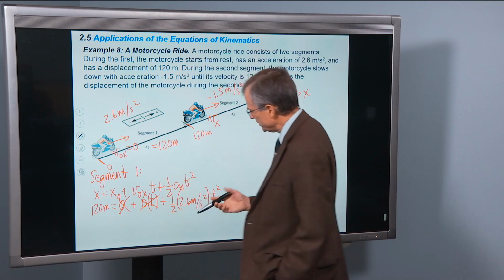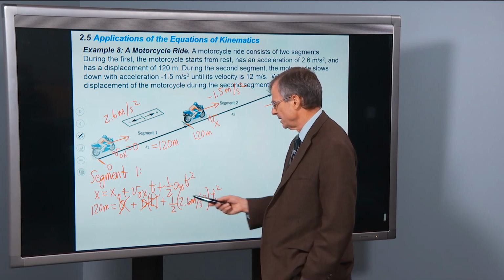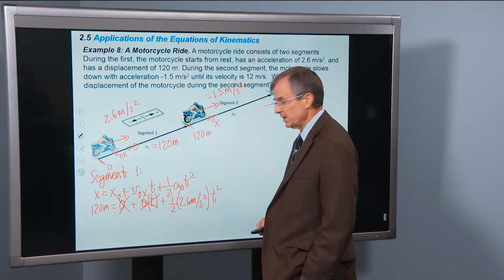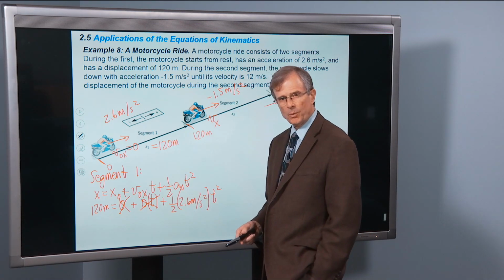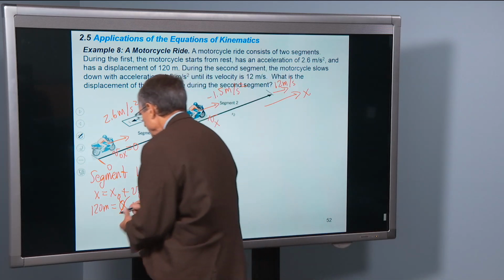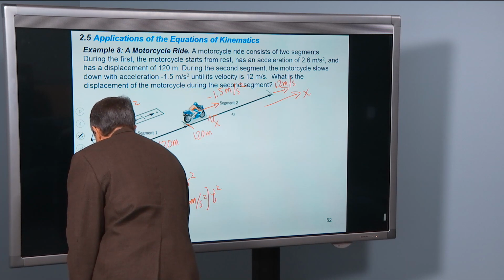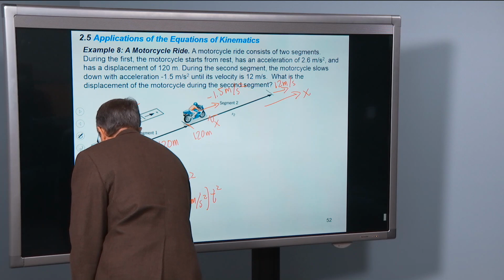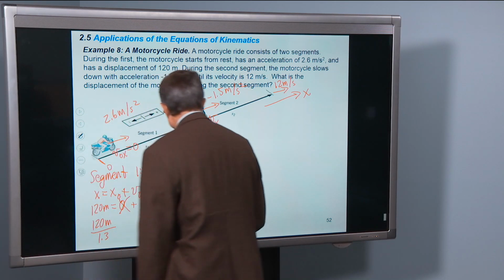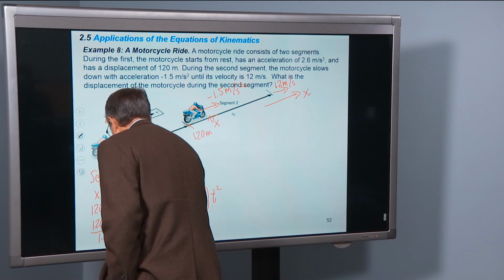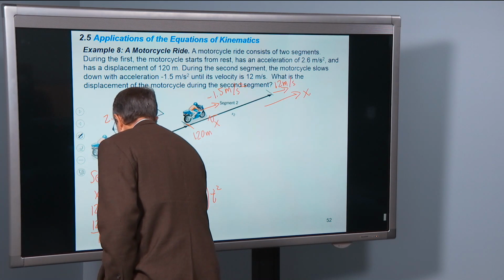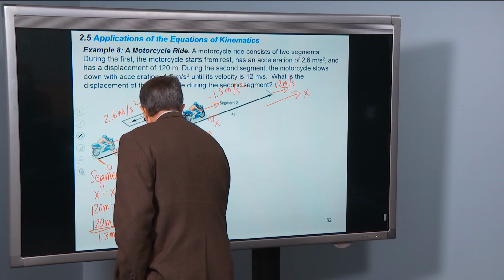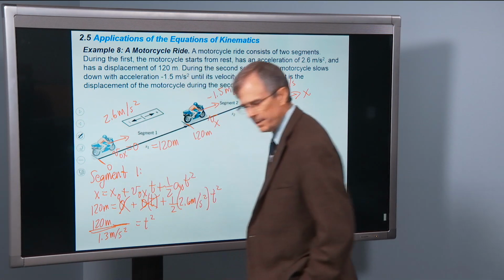Actually, the easier way is just to say 2.6 divided by 2 is 1.3, and then divide both sides by 1.3. So that gives me 120 meters divided by 1.3 meters per second squared equals t squared.